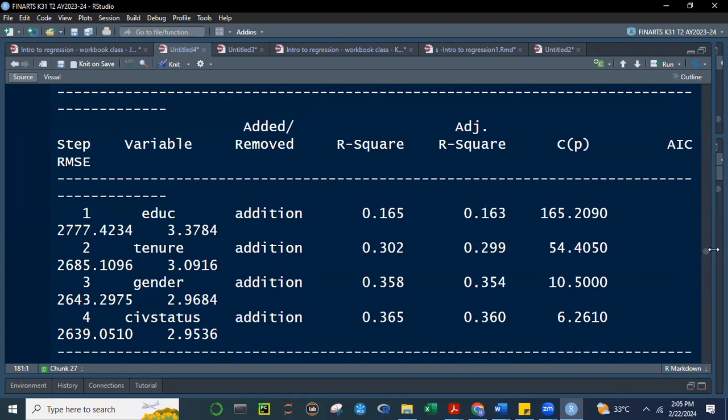Okay, so let's see what this means. No? Okay, number one, ang unang pinasok class is education. All right, and then it tells here kung inad ba to o sinabtract. Inad daw. Then it gives us a measure of if education is our predictor, how much will be our R squared, adjusted R squared, our Mallows CP.